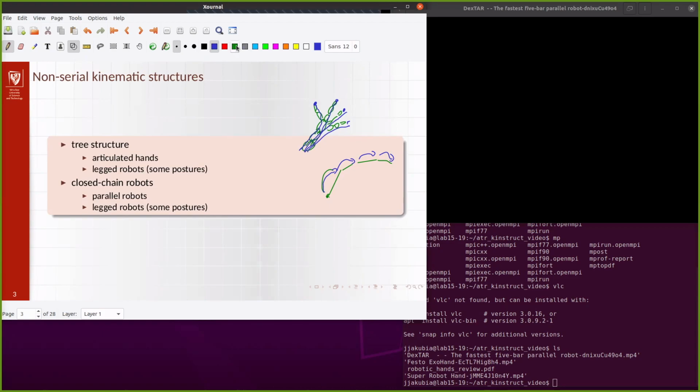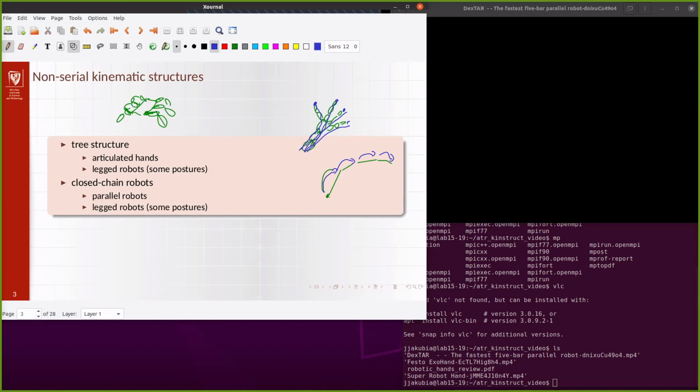Okay, so articulated hands. Then the leg robots. When we have a leg robot, this one will be mobile. We can say that, okay, that's one link, another one link, another. That's the standard 6-leg robot.